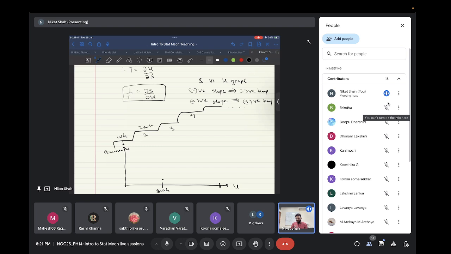Then when I increase the energy to say 6 WH, the possibilities increase, because it can be all three marbles on one step, or one marble on step 3, one on step 2, one on step 1. Even that's an arrangement.